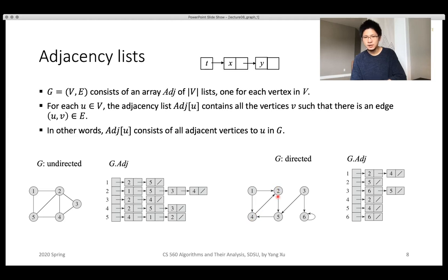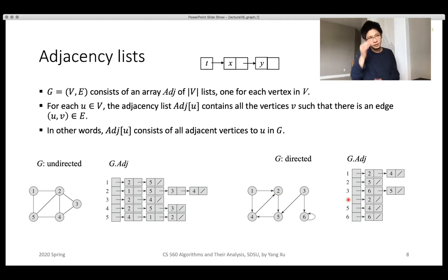That's why 1 and 4 don't appear in the second list. They don't count as adjacent vertices of 2, but 2 does appear in the adjacent vertices of 1 in row 1, and 2 also appears in the adjacent vertices of 4 within the 4th row here.